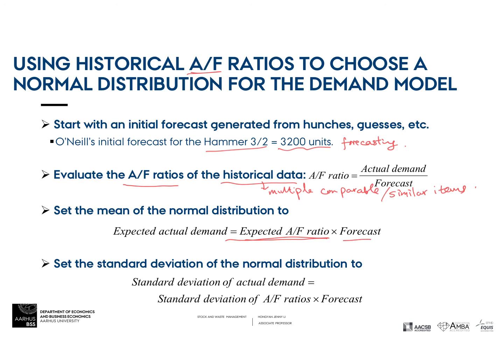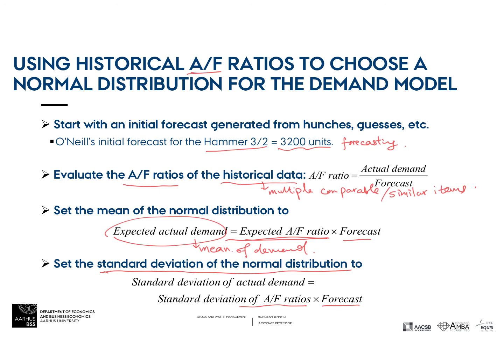This expected actual demand is just an expectation, but here we still think of it as a more accurate mean of your demand. Another result from this method is that we can set the standard deviation of the normal distribution to the standard deviation of the AF ratios times your forecast.